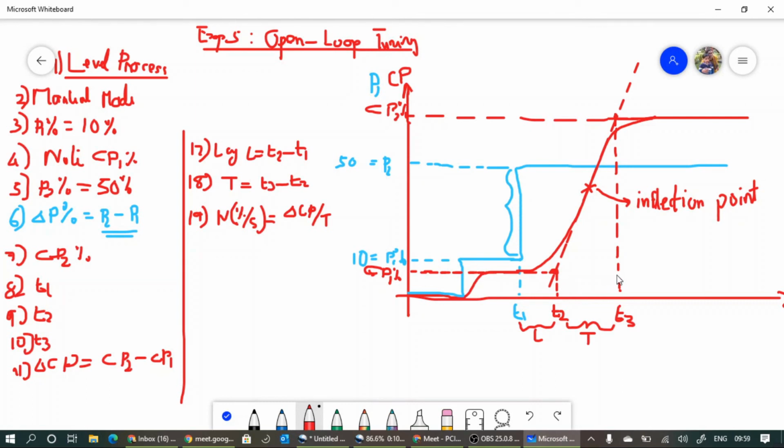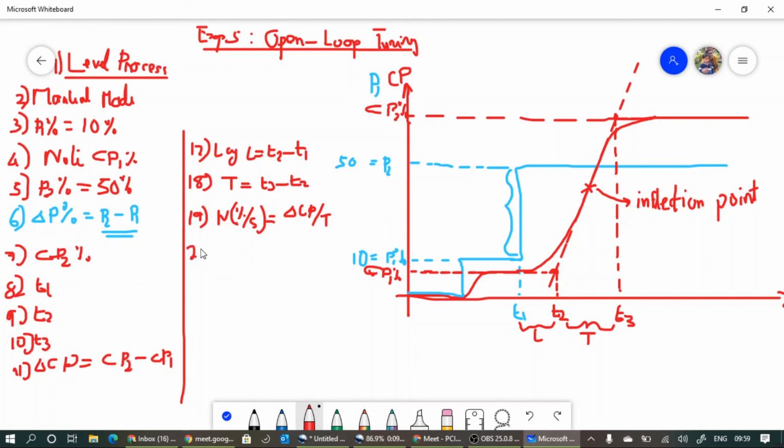Divided by time is nothing but the slope, the rate of change of this reaction to this step change. So it is known as reaction rate, that is equal to the steady state change in output divided by the response time capital T. So N is equal to delta Cp divided by T. Please note delta Cp in percentage.